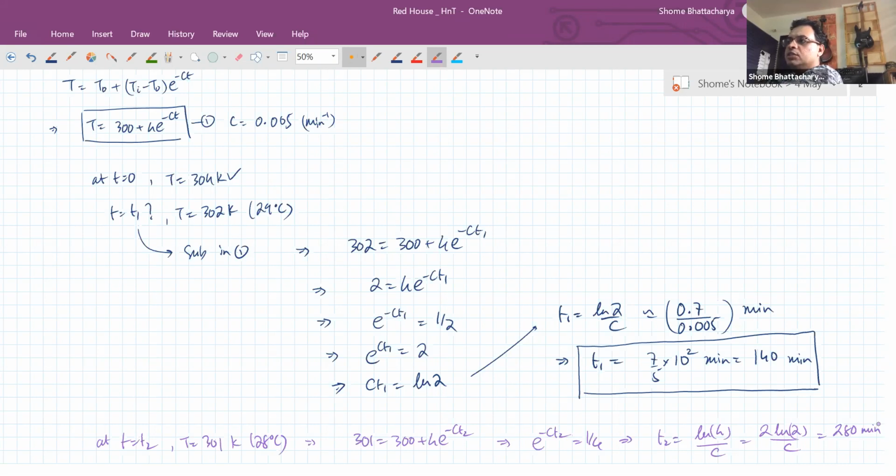An important concept of half-life is that every half-life, the number of radioactive nuclei becomes half the initial value. So a similar property of the exponentially decaying curve is in place over here, which is why it's no coincidence that we are getting the two intervals of time as the same. 31 to 29, whatever time it's taken, 29 to 28, it's taking the same time. That's happening because of the nature of the exponential graph. I'll explain in a moment. Just note down up to here first.